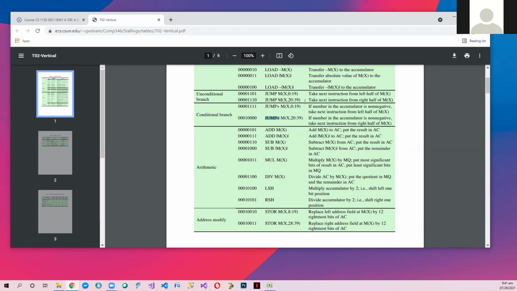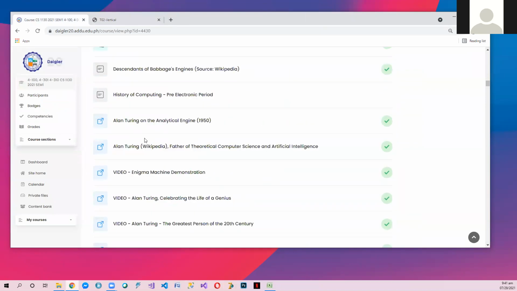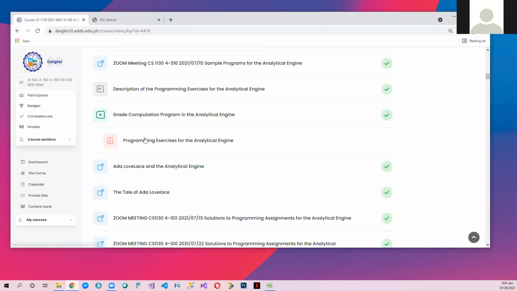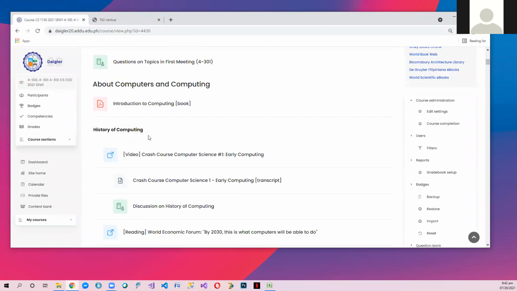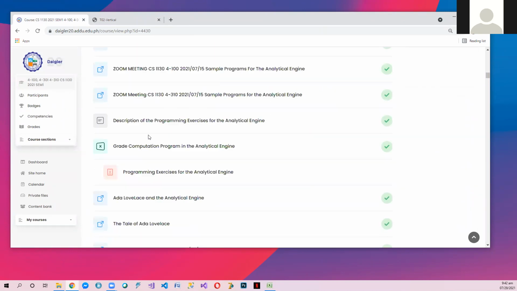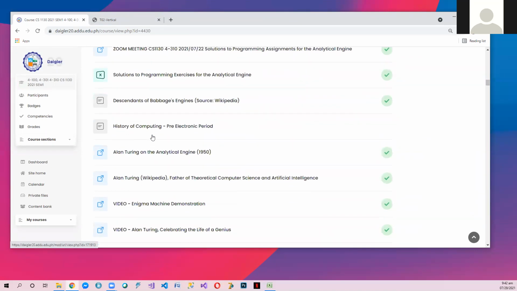Before, it works with CF. We have that in the analytical engine, the source code, rather the instruction set. We have that.